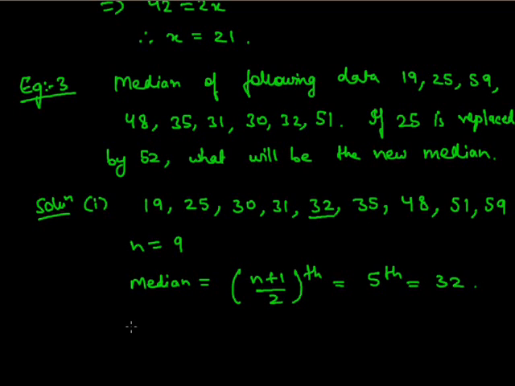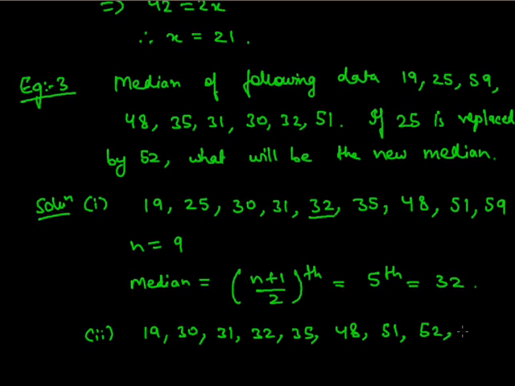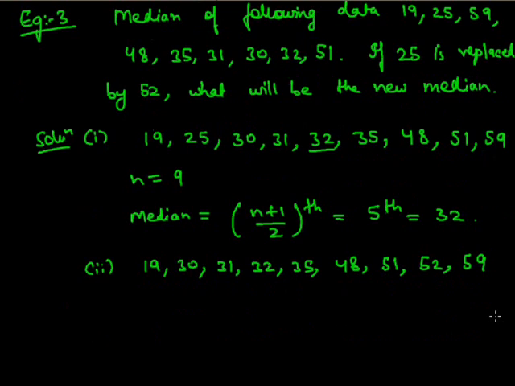Now the second part: 25 is replaced with 52. Definitely after replacing 25 by 52, we need to arrange those observations. If we arrange, what we get is 19, 30, 31, 32, 35, 48, 51, and 52 will come here in the ascending order, and then 59, because 25 is replaced by 52.